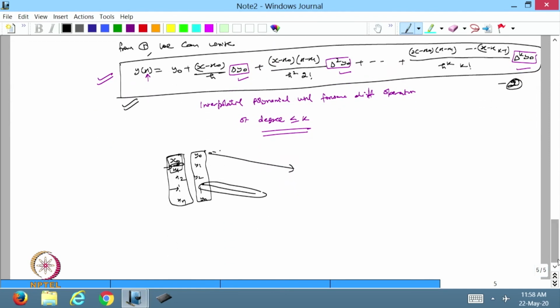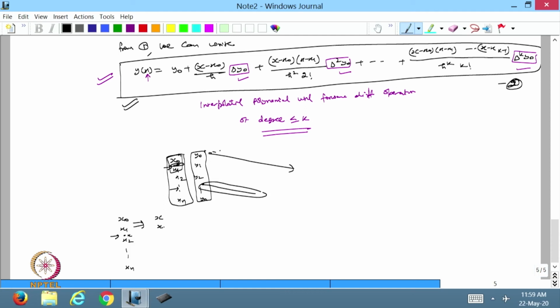But sometimes it may happen that I have the values x0, x1, x2 up to xn, and my x is not lying here, but somewhere here. So, that is my x. In that case, what will we do? We shift this one and call it x.